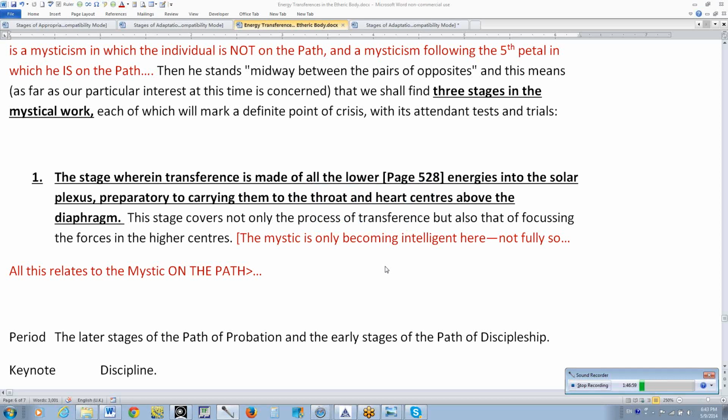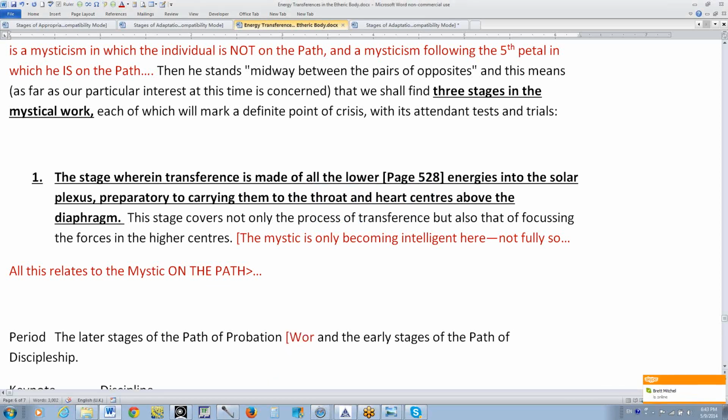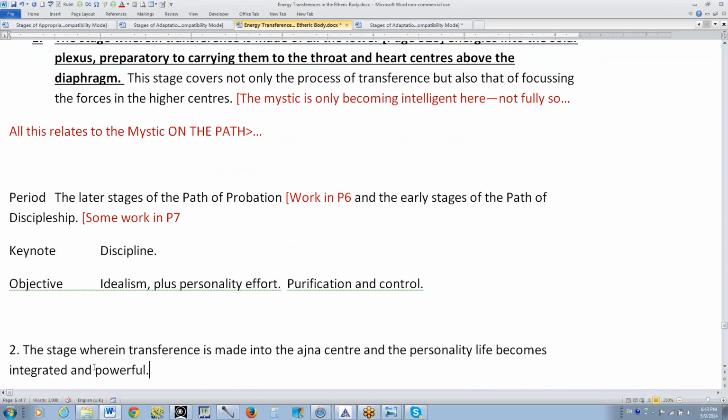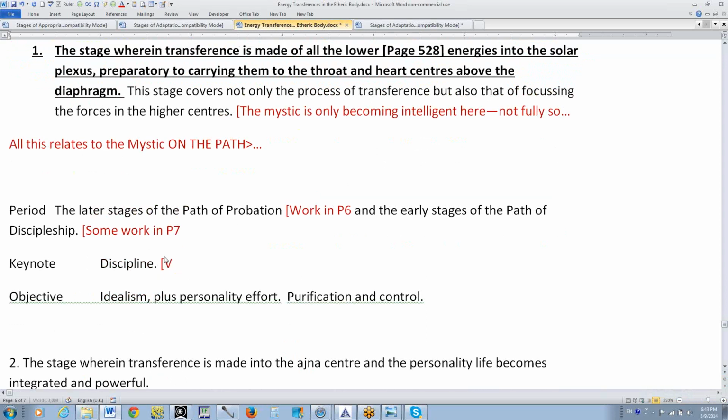So the later stages of the path of probation, and what that will mean is work in petal 6. And the early stages of the path of discipleship, we can say some work in petal 7, but not yet initiation. Discipline is the keynote, and that fits with Virgo and petal 6.